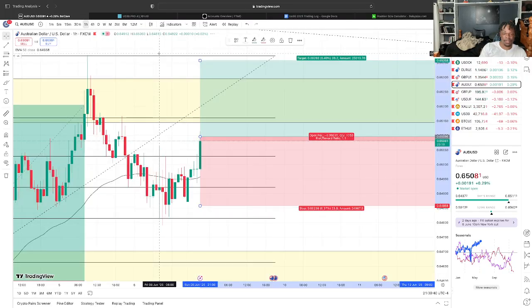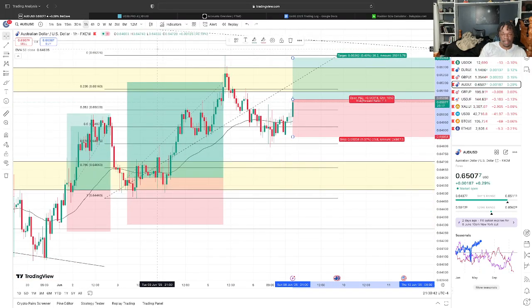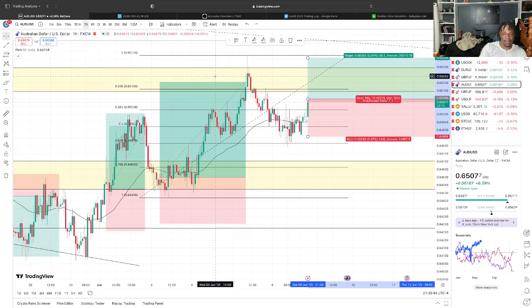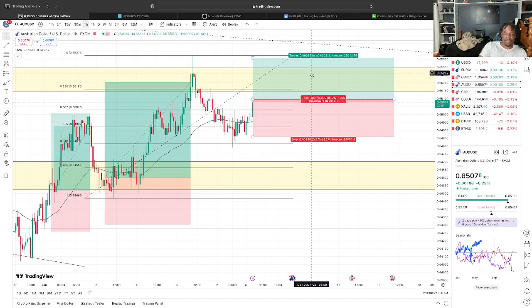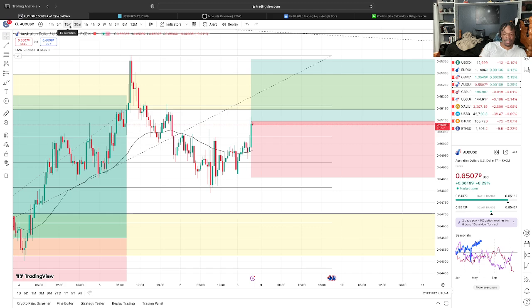So if we go onto the daily time frame, or the 1-hour time frame, excuse me, price action has created a bullish candle that's about 10 pips bullish. So with that being said, I would place my entry right around here.